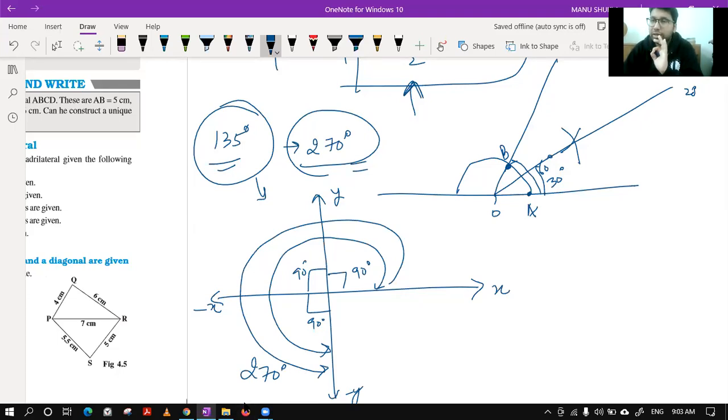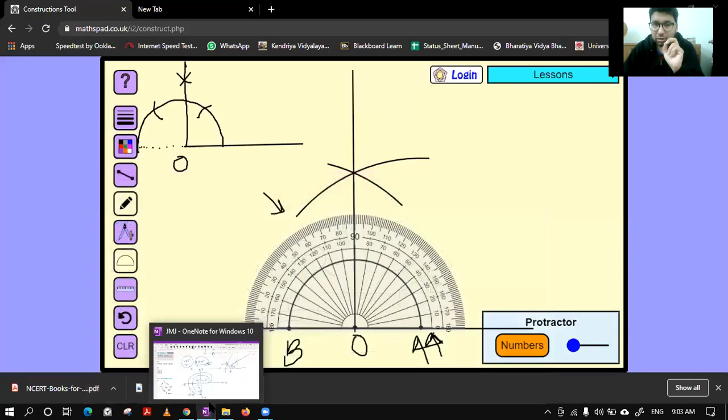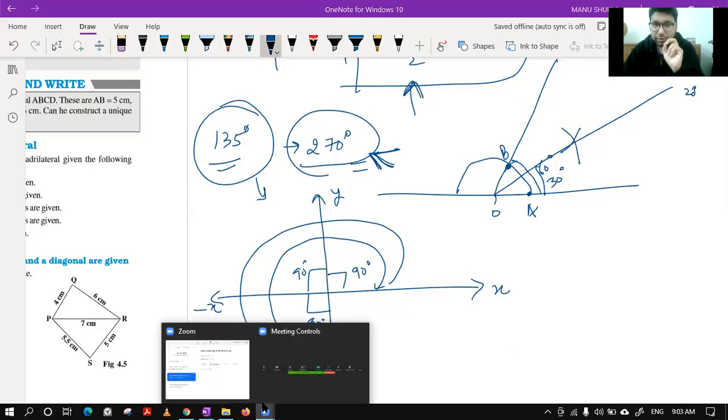Now my question is, which two angles have the sum equal to 270 degree? Condition is those two angles should be easy to make using the compass.